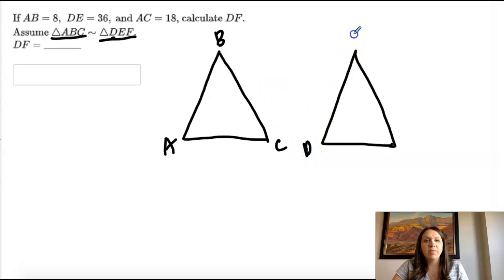And I'm going to label the same way. So A is similar to D. B is similar to E, and then C goes with that.